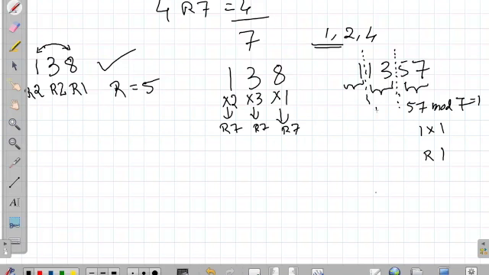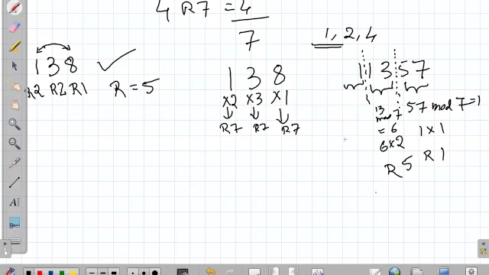Here 13 mod 7 is 6. And then we have to multiply it by 2. So the total remainder is 12, and then 5. Perfect. Now we come to the 1.